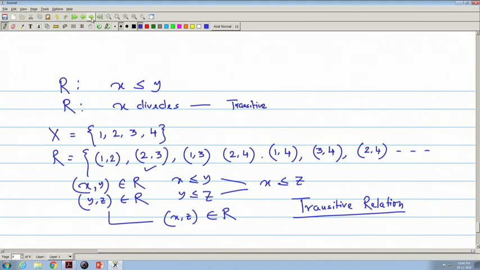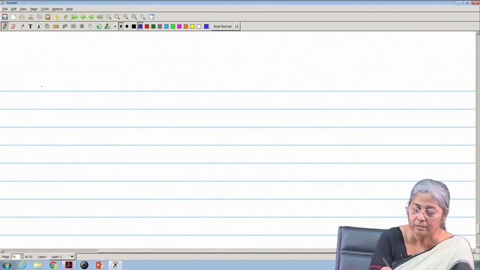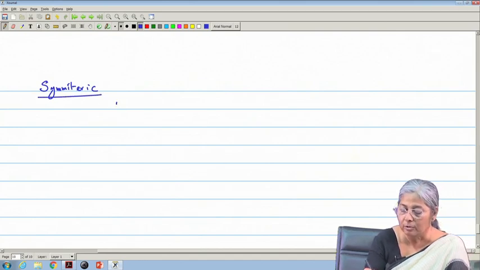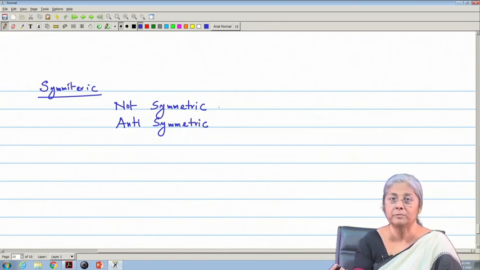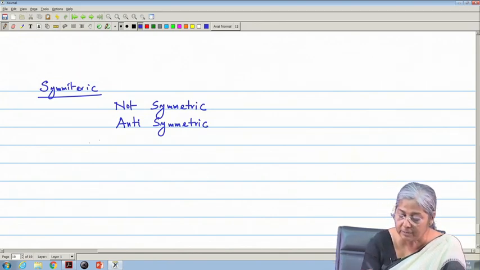Another relation is a variant of symmetric. When we have read about symmetric relations, there are two other options: one is not symmetric, and one is called antisymmetric.